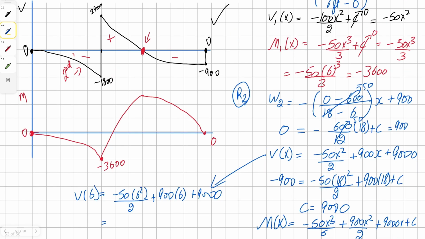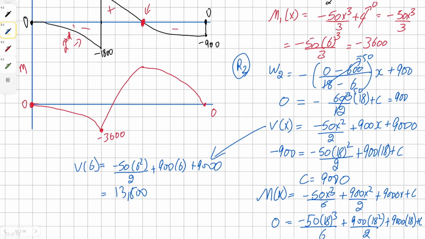Solving for our shear equation, there seems to be an error because we're getting a really big number, which is 13,500, when in reality we should have just 2,700 positive as our solution. So let's go back and try to see what we did wrong.